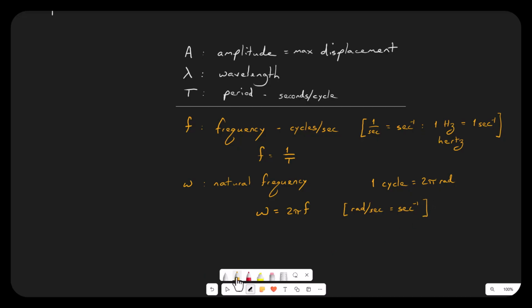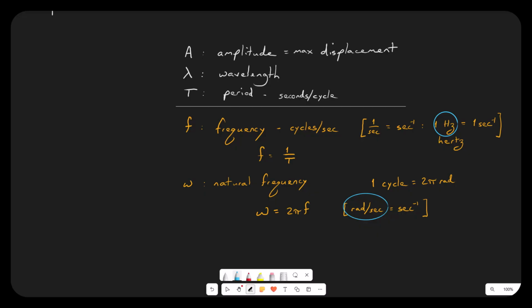To avoid the confusion, in this course at least, and honestly in a lot of journals, you will see regular frequency written out in hertz, and angular frequency or natural frequency written out in radians per second. Strictly speaking, both of them could be written as inverse seconds. You just probably won't see that very often.